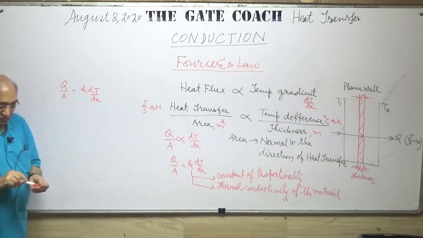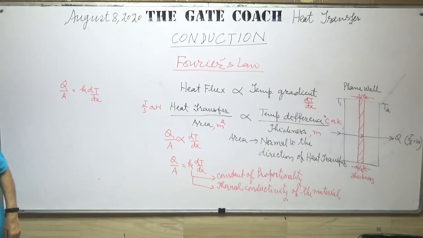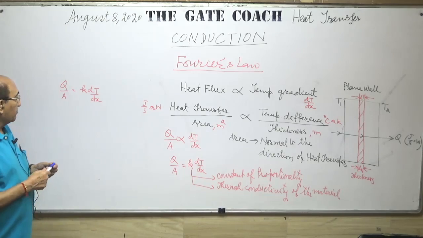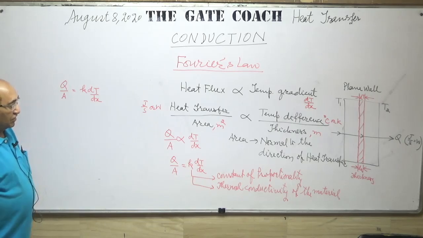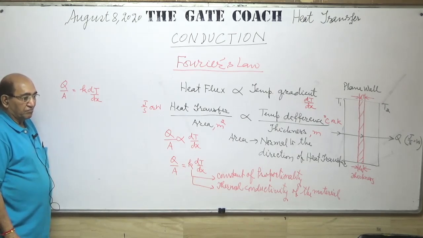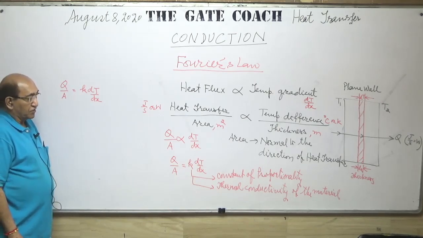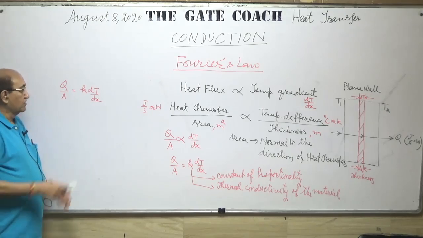As we studied, heat transfer is taking place from the region of higher temperature to the region of lower temperatures. That means temperature gradient shall become negative. Heat transfer is taking place towards the lower temperatures.